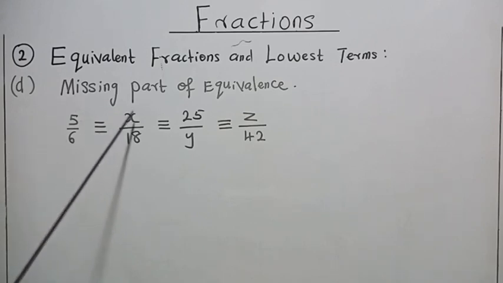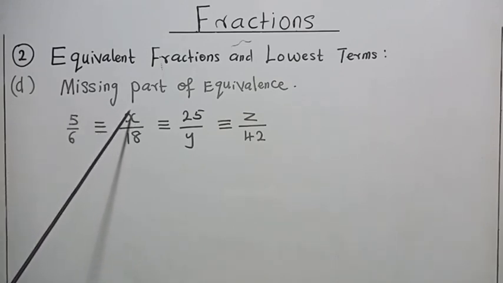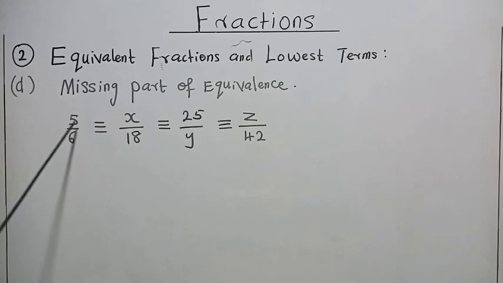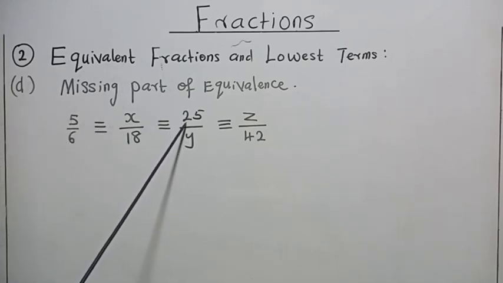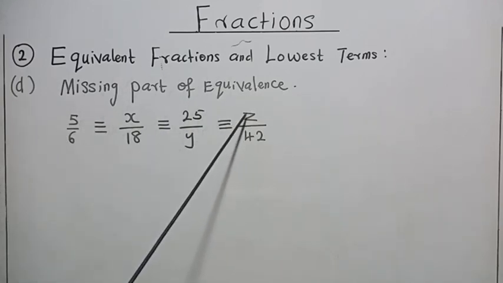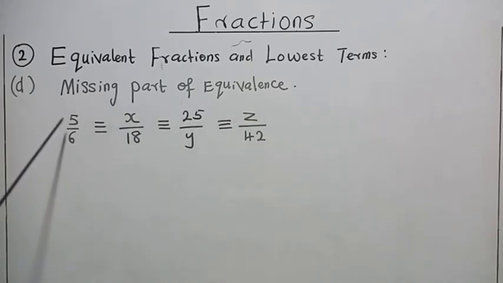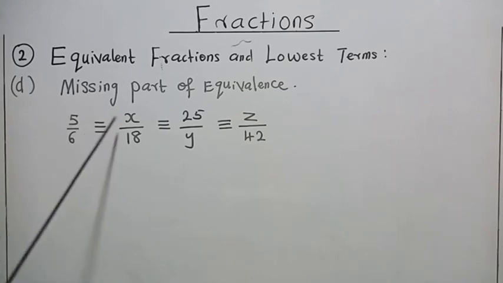That means to get this x, we equate just this fraction to this. To get this y, we equate this fraction to this first one, which is known. To get this z, we equate this fraction to this first one, which is known. That means that one way to do it is to ensure that we equate each fraction that contains the unknown to one common fraction that has both sides known. Please let that happen.